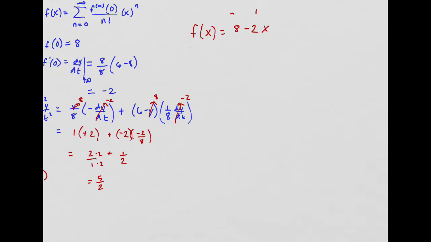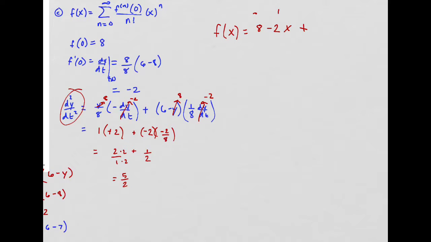And then second degree polynomial. So I need to keep going. That's why I got the other derivative there. And I have 5 over 2. That's this part. And then x to the second power, because n is 2. So x squared. And n factorial, 2 factorial is just 2. So I'll put that there.